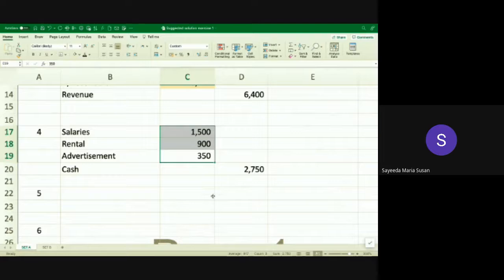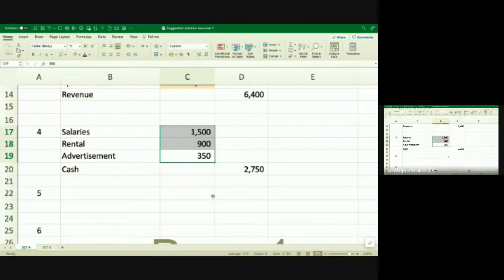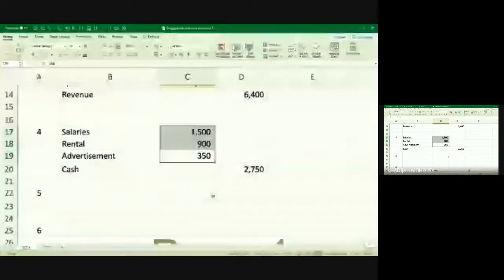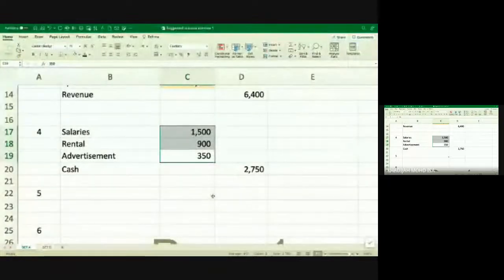Madam, how could paid salaries and rent be debit? Why? Because remember, these are expenses. So expenses reduce your owner's equity. So owner's equity, what is the nature? Credit or debit?